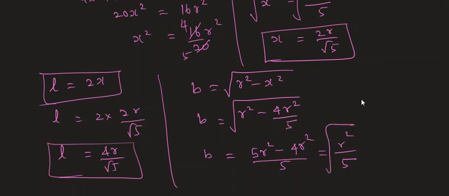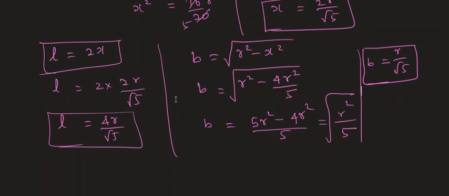Therefore B is equal to r, taking the square root now. So the square root of r squared is r divided by root 5. So the value of B is r by root 5.